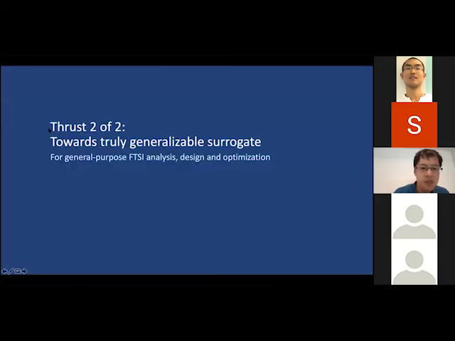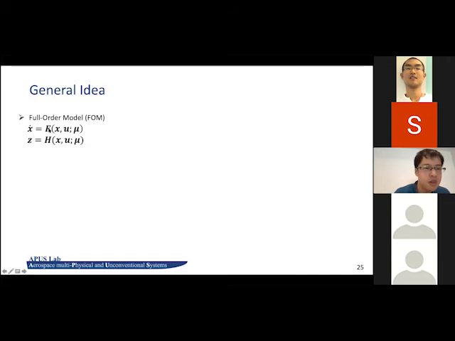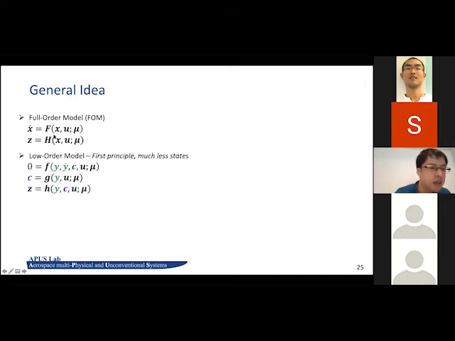And then let's think about the other thing, what we call the physics-infused ROM. Here we really want to build a surrogate or reduced order model that's generalizable to different inputs. So if we turn back to our full order model, we still have this equation.